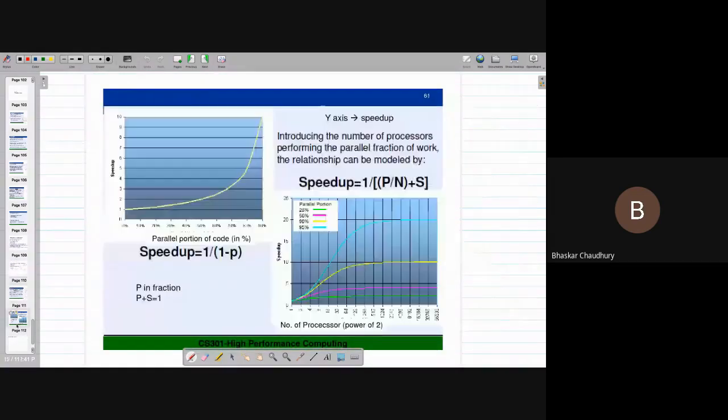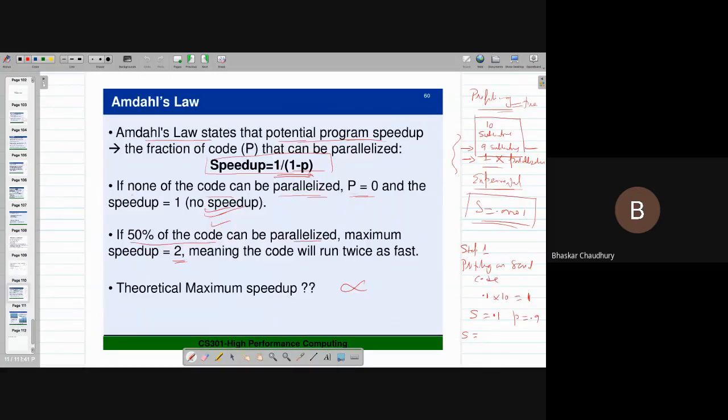Okay, now let's look into this picture. Let us introduce the number of processors, because in the formula 1 divided by 1 minus P, I have ignored the number of processors. I'm just assuming there is an infinite number of processors.